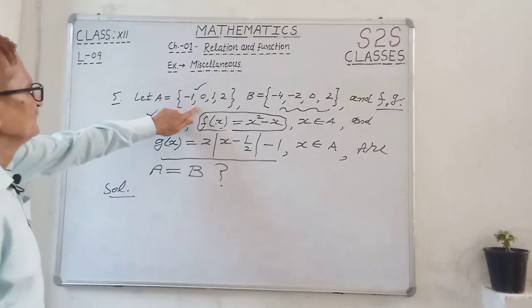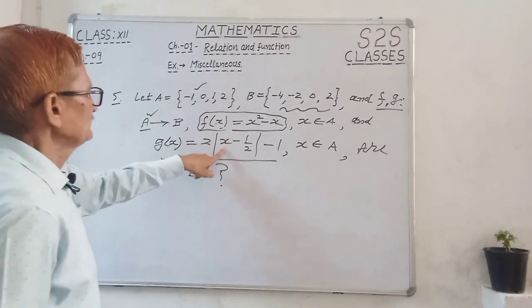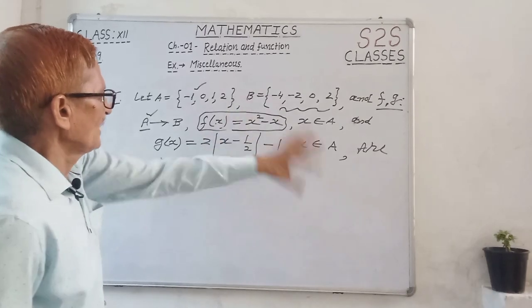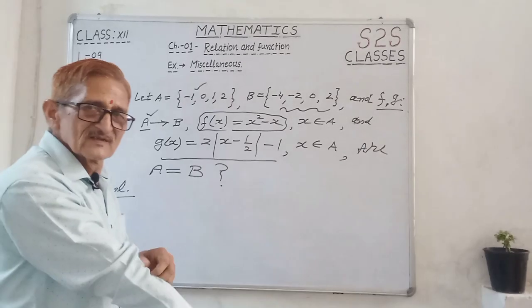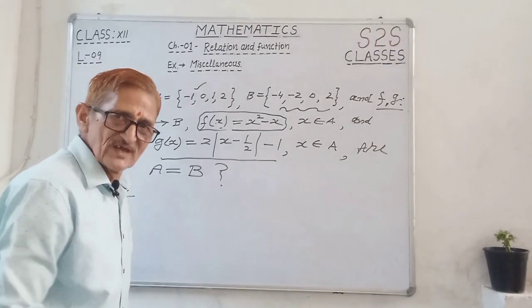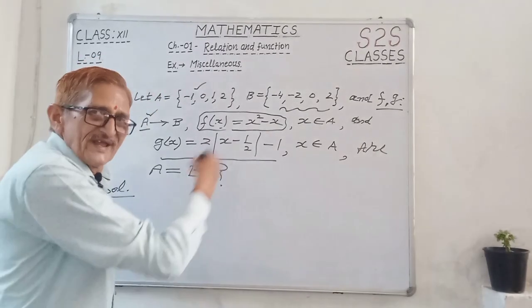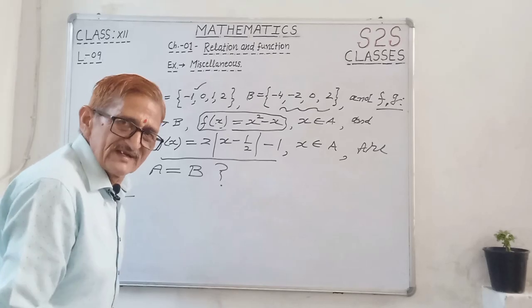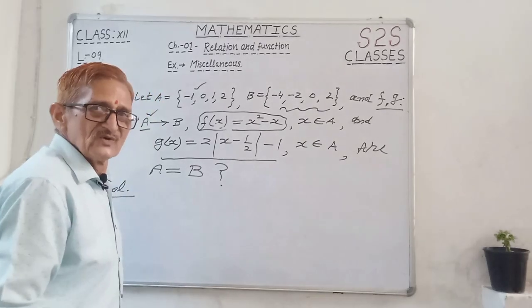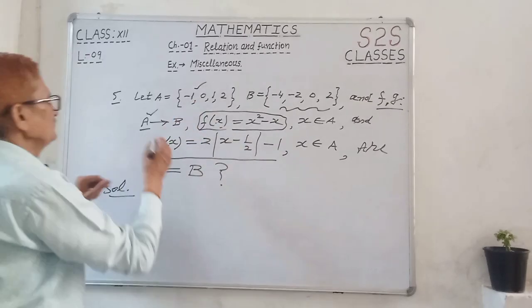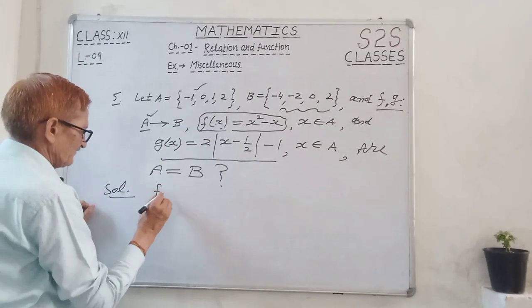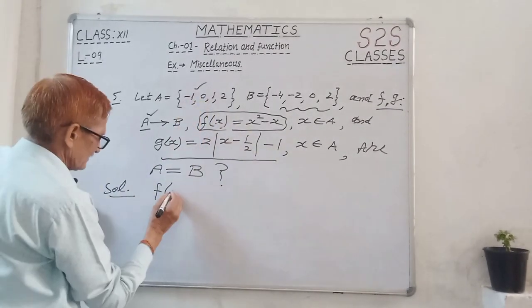You put these values in g and f and find both outputs. Both ordered pairs must be the same. On A and B, the same sets are defined, but you have to check if both functions are equal or not. Now for f, first we find f at x equal to minus 1.